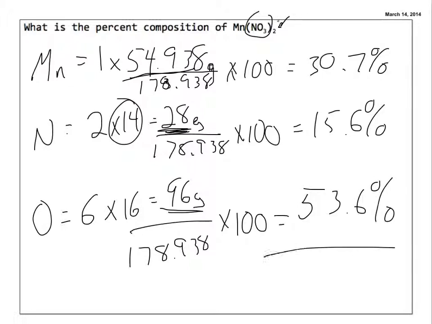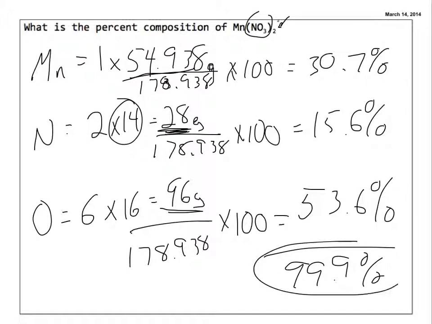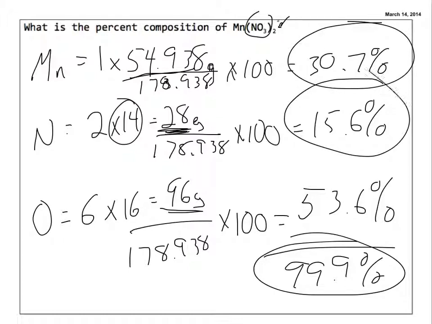And if you add those all up, they actually come out to 99.9%, which is slightly off from 100%, which is what you should have. But these three numbers are also slightly rounded, so that accounts for the little discrepancy there. So that tells us that we at least have done some of the calculations right. So the percent composition would be 30.7% manganese, 15.6% nitrogen, and 53.6% oxygen.